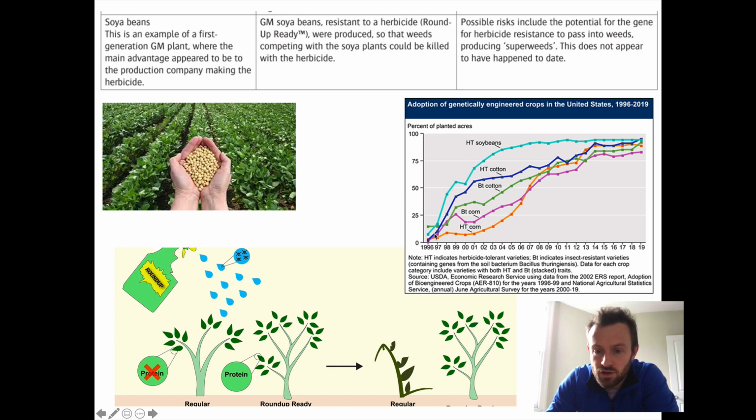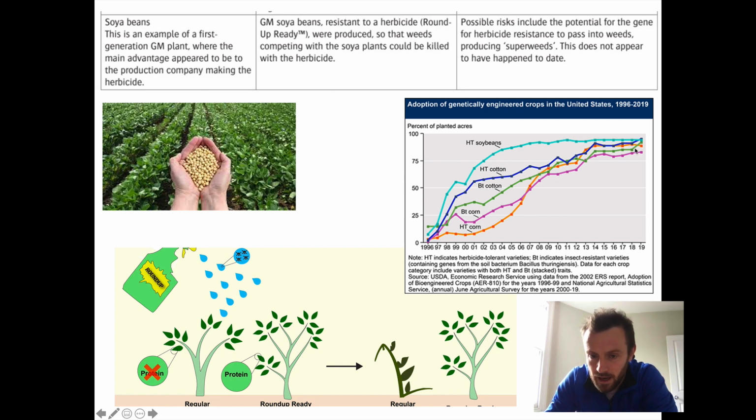Here's a little graph showing the growth of genetically engineered crops in the United States up until 2019, percent of planted acres. So we can see that the soybean percentage in 1996 was like 5, but today it's like 95% of soybeans are GM in the US. And there'd probably just be a small market for something like organic soy, which would not be GM, at the top there.